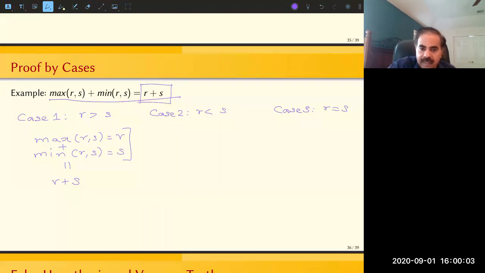This is not difficult. So again, when you see a problem like this, you may not immediately say, hey, this is a proof by cases. But once somebody says, okay, try these three cases, then you should be able to see the proof. It's fairly elementary after that.